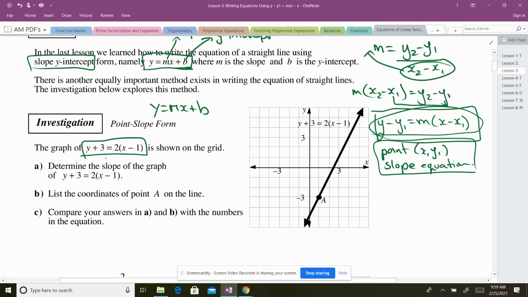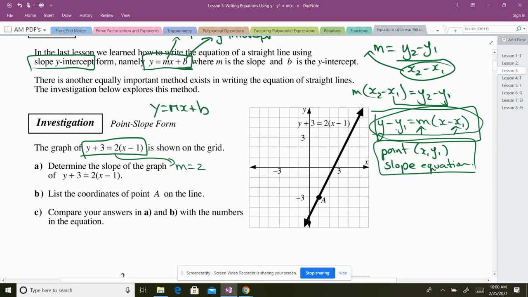What's the slope of this line? Look at the formula. Where is the slope? It's in front of the x minus x1, the brackets. So the slope here is 2.